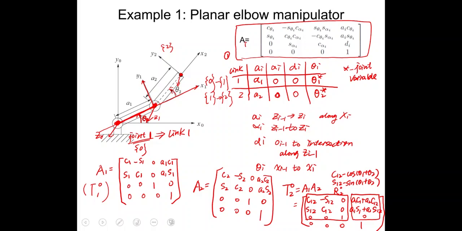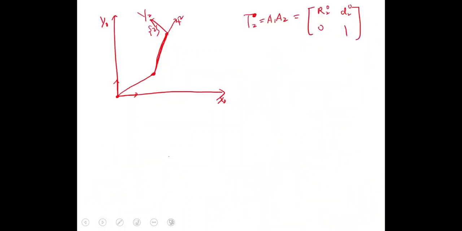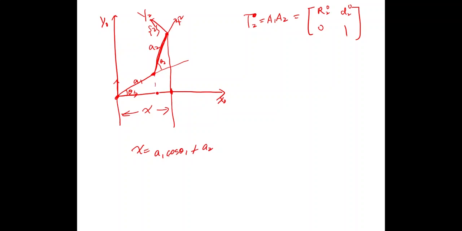Okay, so if we go back to this drawing, we will be able to see what this position is. This is A1 and this is A2. From the geometry, if we define this as x, then x equals A1 times cosine theta 1 plus A2, projected to the x0 axis, times cosine of theta 1 plus theta 2, right?